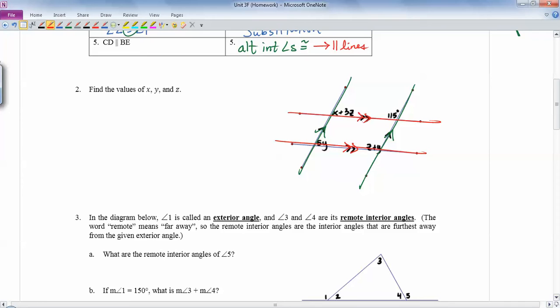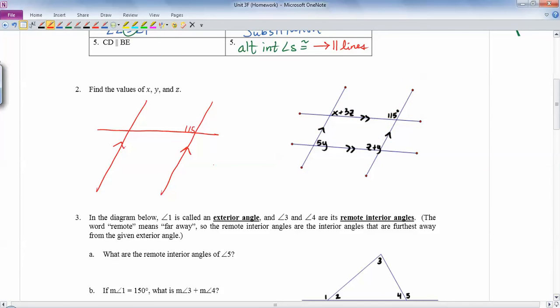Okay, so let's see what we can figure out. So I'm actually going to trace out just this part. And we know that these 2 lines are parallel. And I'm going to put the 115 here. And then I'm going to slide this whole thing over. Right there.